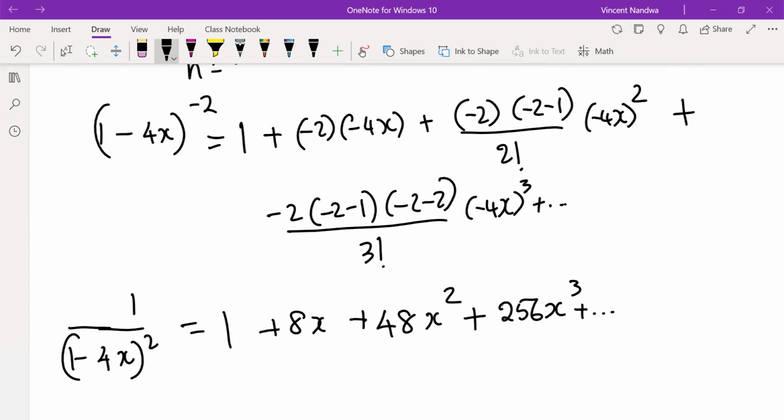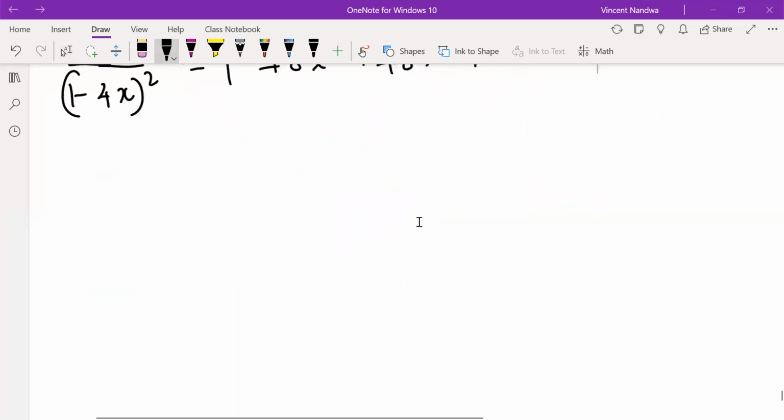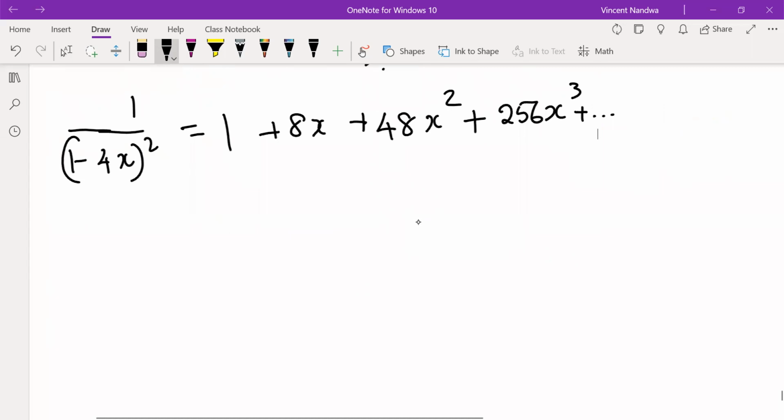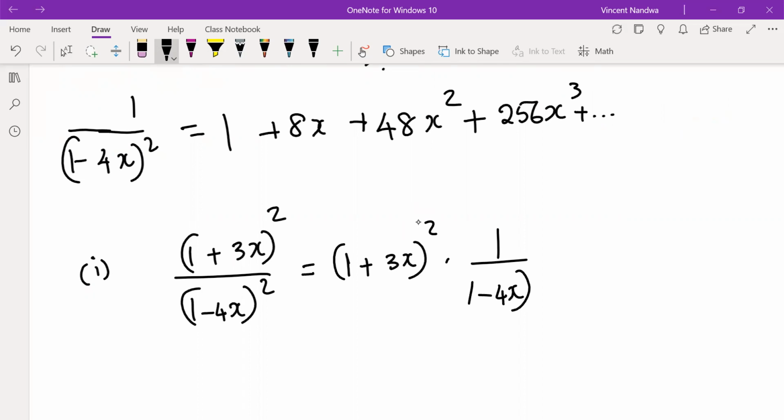Then next was to find the coefficient of x squared in this expansion. So note in case 2 that (1 plus 3x) squared over (1 minus 4x) squared is the same as (1 plus 3x) squared times 1 over (1 minus 4x) squared.